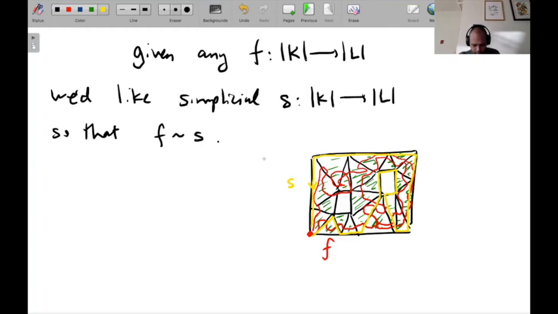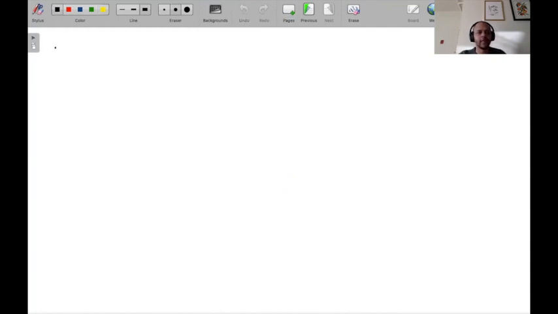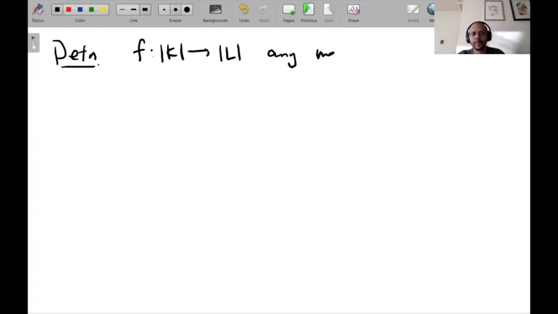Right, and the key definition that's going to help us do this is what's called a simplicial approximation. So we say, let f from K to L be any map.